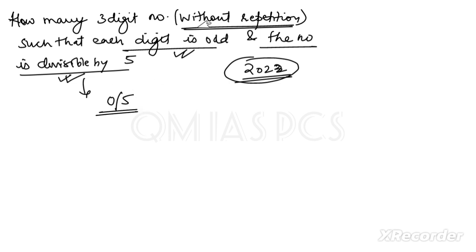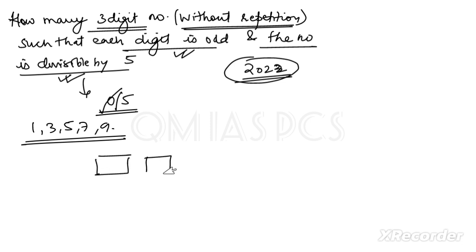But our second condition is that each digit should be odd, so 0 can't be there. How many odd digits are there? 1, 3, 5, 7, 9. Only 5 digits are there. We have to make a 3-digit number, so we have 3 positions to fill. But the last position is already filled by 5, so we can cancel this one.